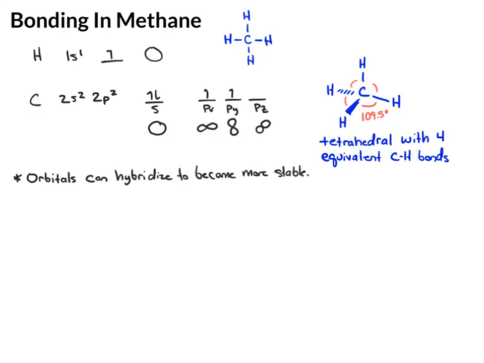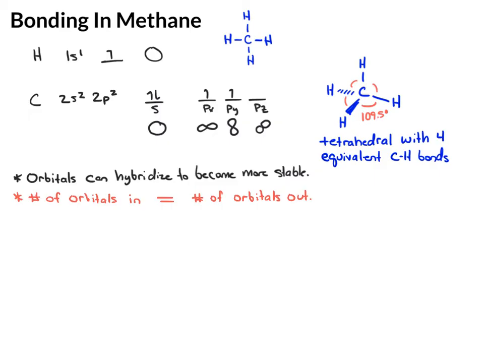And a crucial aspect to our whole hybridization picture is that while orbitals will mix, the number of orbitals that go into a hybridization is going to equal the number of orbitals that come out. So you don't add or lose any orbitals during a hybridization. They just change through hybridization. So simply put, the number of orbitals in must equal the number of orbitals out.